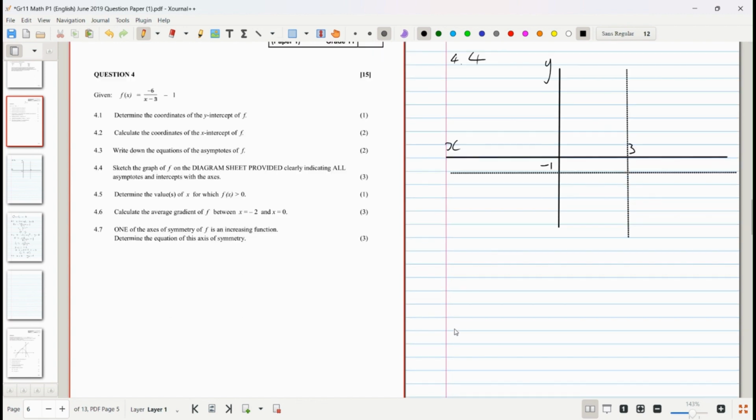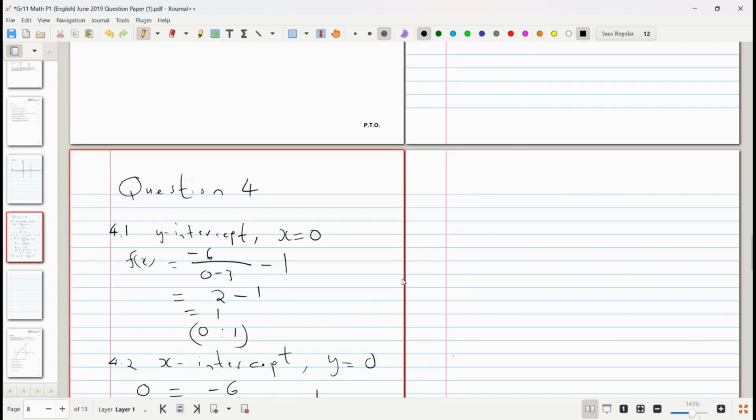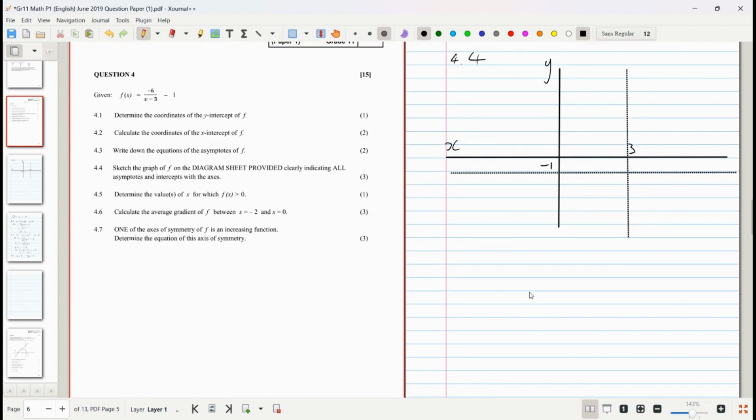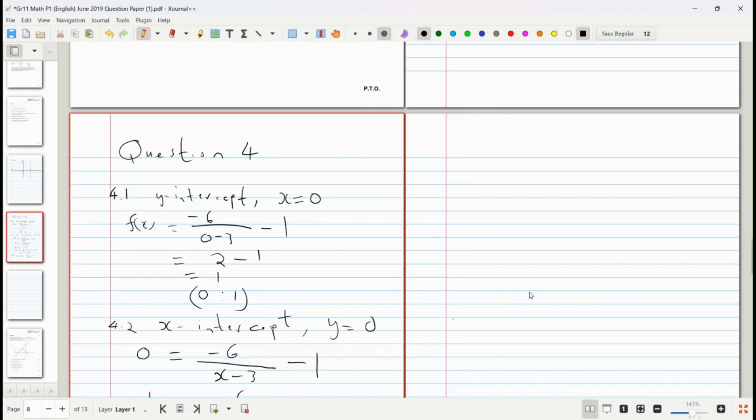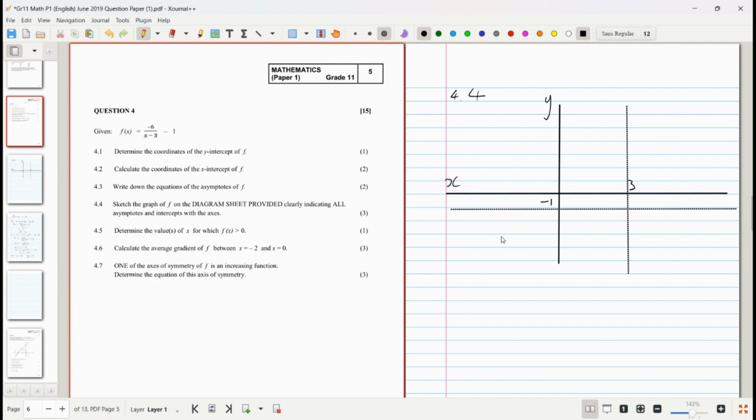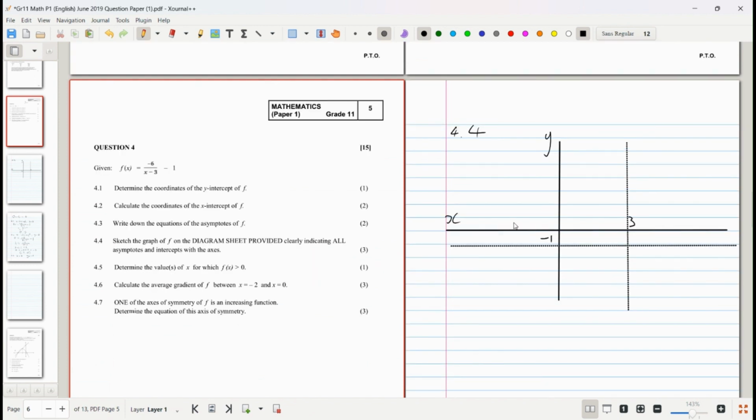Let's check the y-intercept: we have 0, 1. It will be somewhere here, so we have a point here.